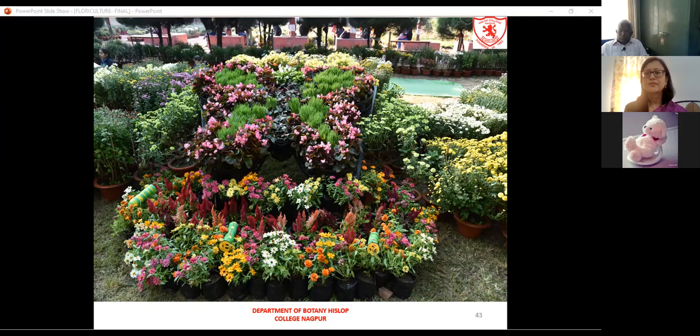And this is the reason, if we want to take up floriculture, we should have a small knowledge or background on tissue culture technique. So what we have done, we have given a hands-on training of tissue culture technique to our students, so that they have a knowledge on theory as well as the lab exercises.